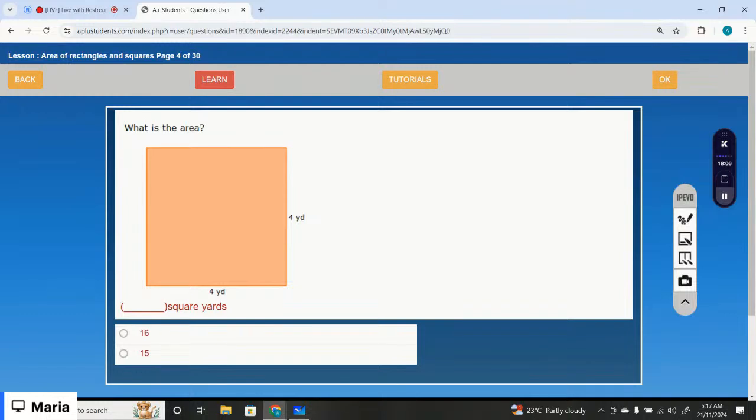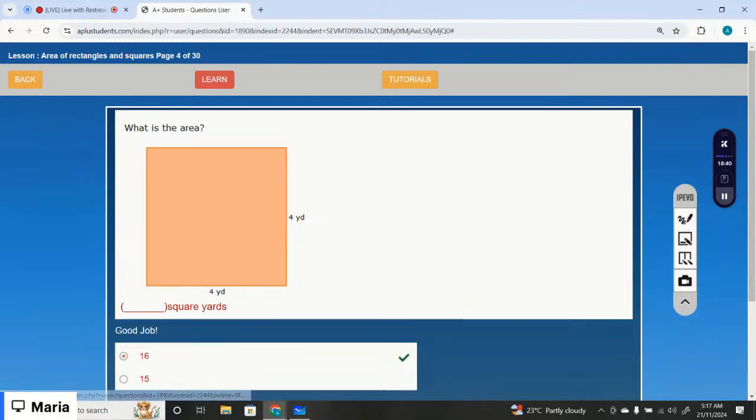What is the area? Which is the correct option? That is 4 times 4 equals 16. Option number 1 is the correct option.